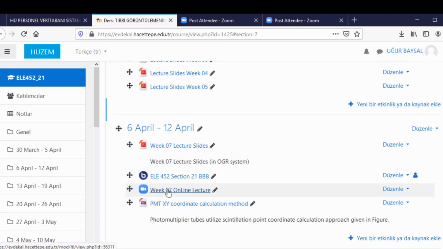I will end this Zoom, and as soon as I end, I will open up that BBB session. Please enter that session because I want to take an attendance file with your name. I will collect the number of attendees by using BBB. And this is the file containing the method of calculating the exact coordinate of the PMT tube. Do you have any questions so far?